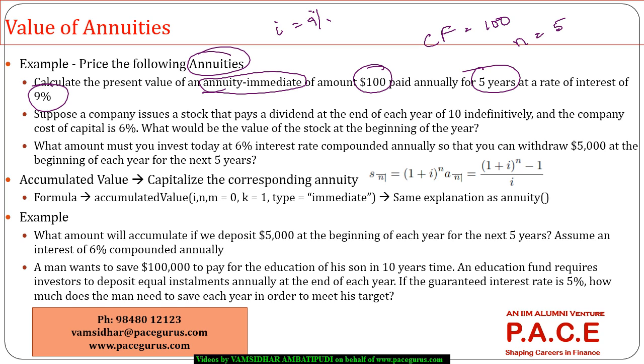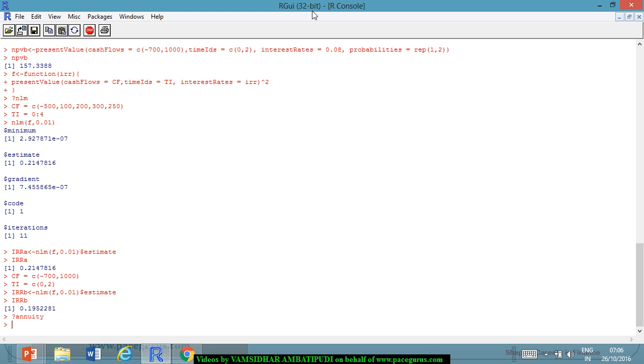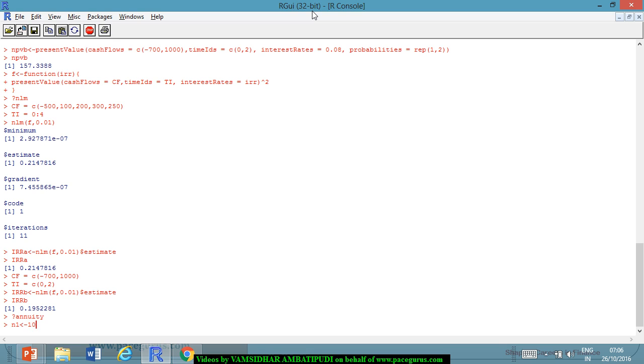I could directly use the annuity formula also. So the cash flow, I will directly take it as a multiplier. So the numerical 1 for me is working out as 100 multiplied by, now I will take the annuity value.